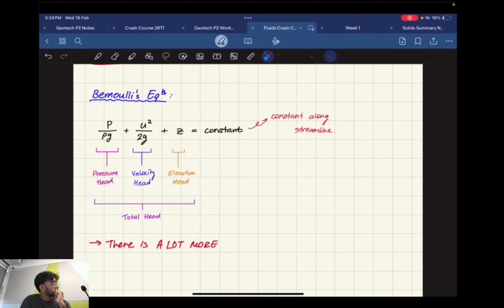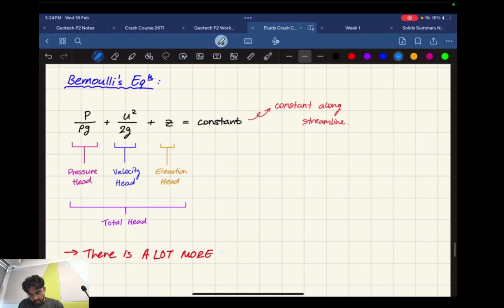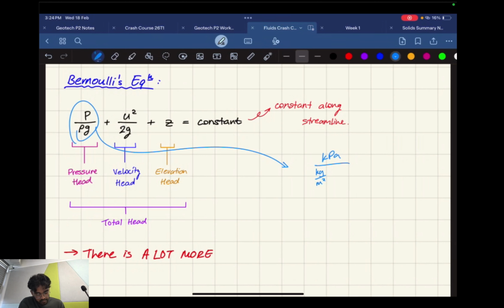Oh yeah, the units. Anyone know what the units for head are? Honestly, I had no idea when I figured it out. But let's take a look here. We have pressure, given in kPa, divided by density, which is kilograms per meter cubed, and gravity, which is given by meters per second squared.